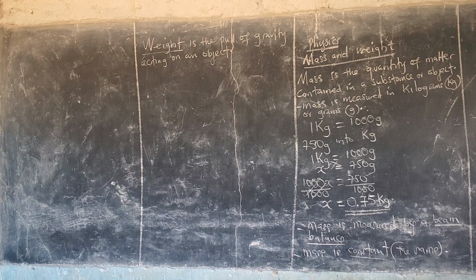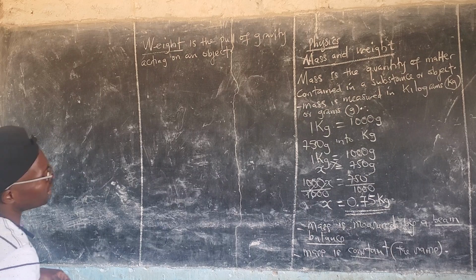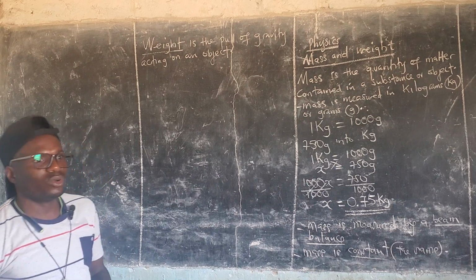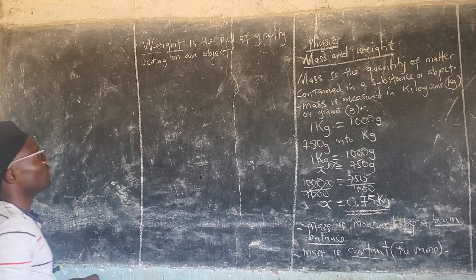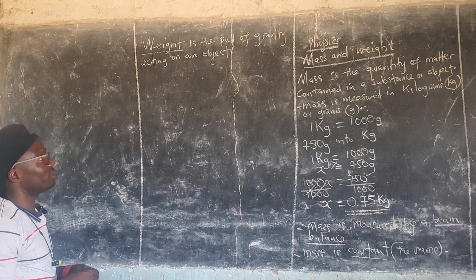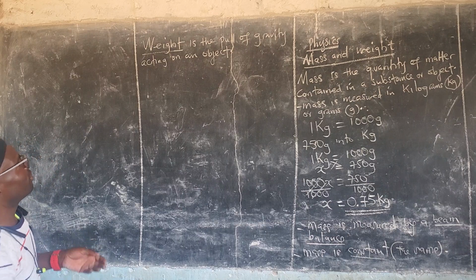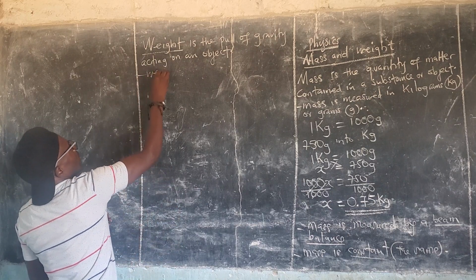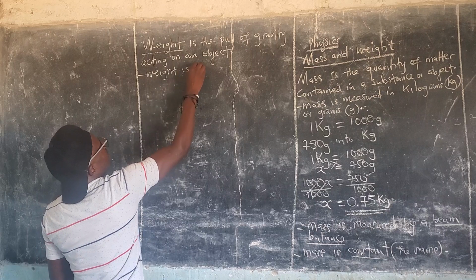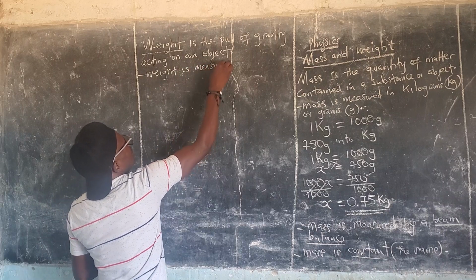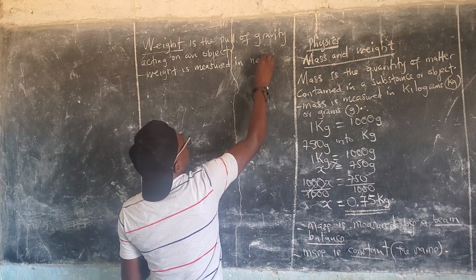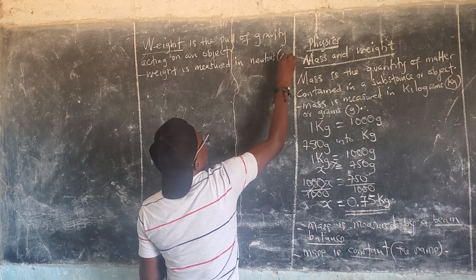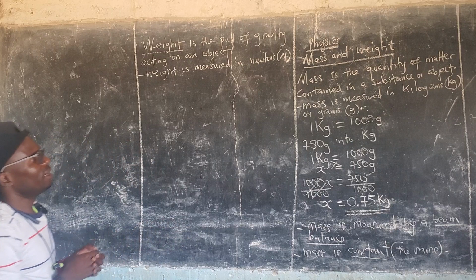So when you check your weight, what you check there is your mass. Your weight, you are supposed to multiply by the gravity on earth. So weight is the pull of gravity. Weight is measured in newtons, which is the capital letter N.